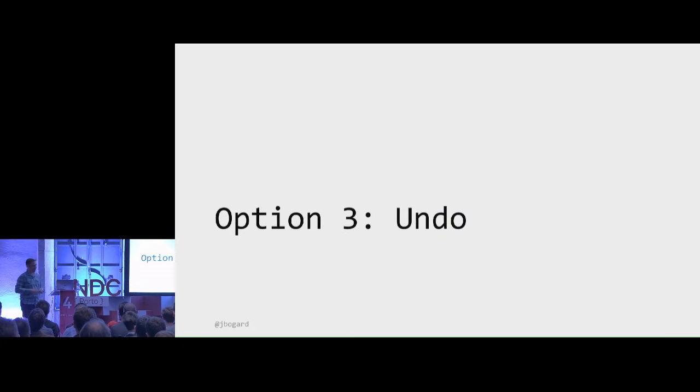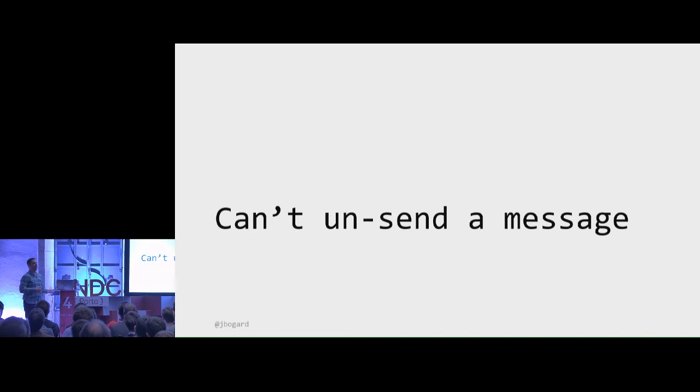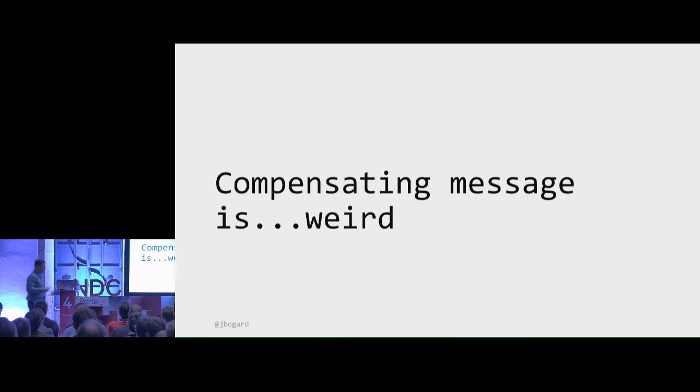Option 3 is undo. Just like emails, we can't unsend a message. I can't take the message back and notify everybody, oops, I'm sorry, please ignore that last one. And a compensating message would be weird. I have the order placed event, and then right after that, haha, just kidding, order wasn't really placed event. That's not a thing that people do.